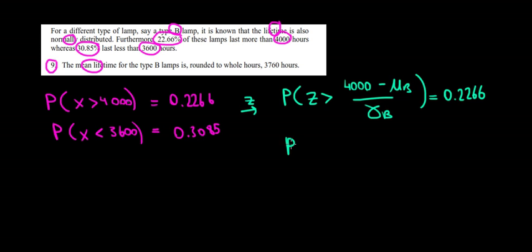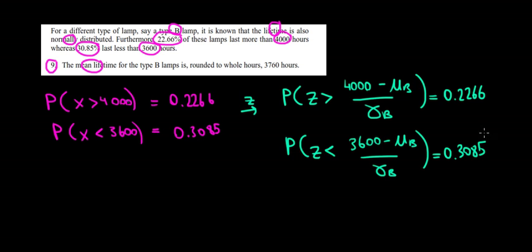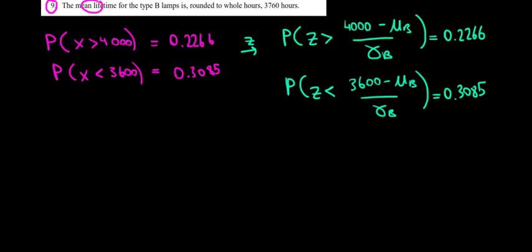With the same logic, we have the probability that the z value is less than, and now we're going to standardize 3,600, which is the difference between 3,600 and the mean of the lifetime relative to the standard deviation, and that's equal to 0.3085.